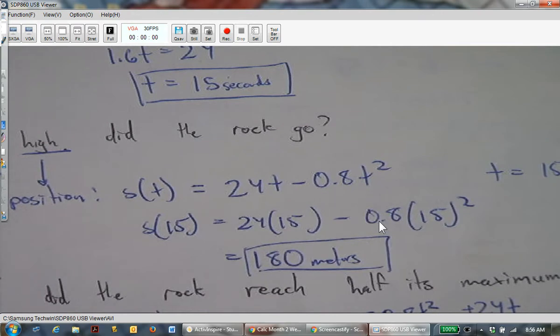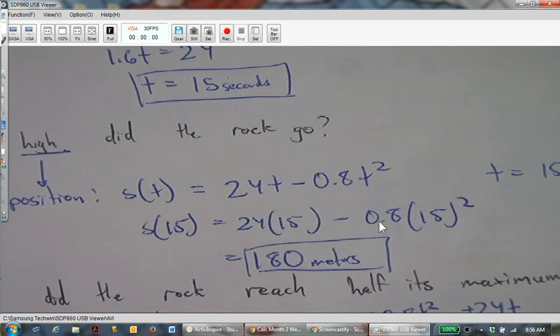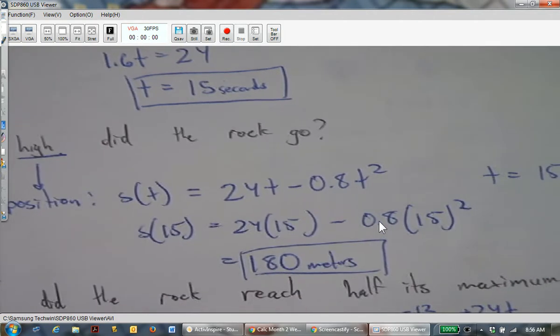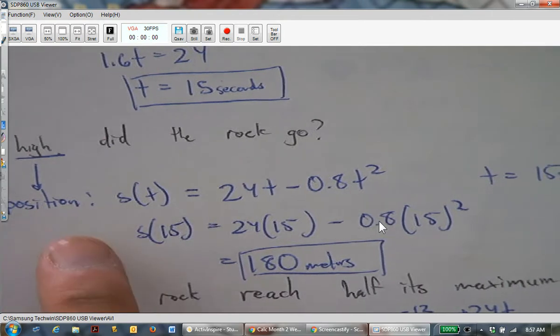Let me ask you a critical thinking question. At 16 seconds, what would the position be? Higher or lower than 180 meters? Lower. Why would you say that? One second later, it starts coming back down. That's one way to see the difference in this equation.